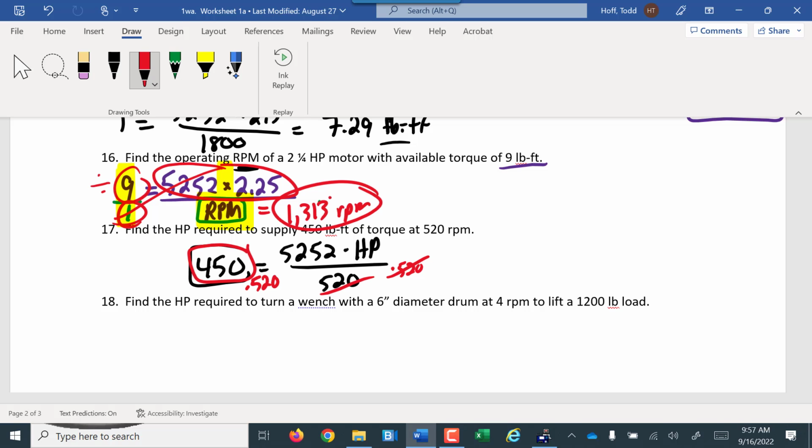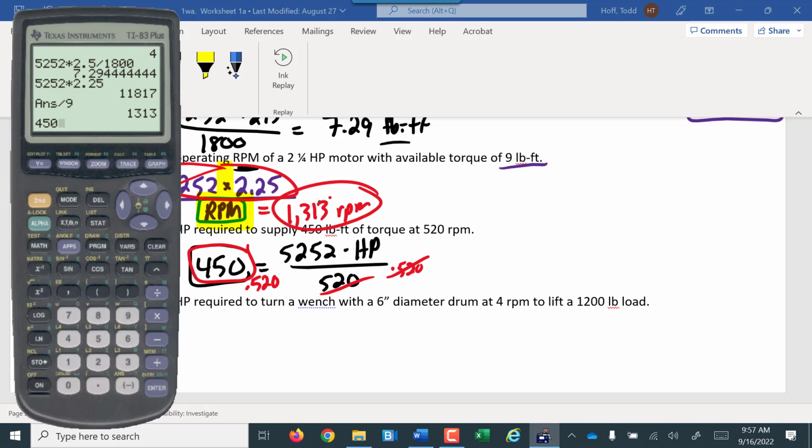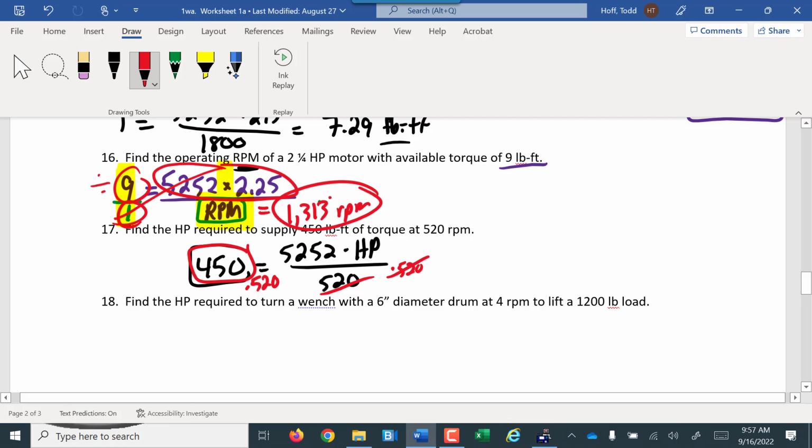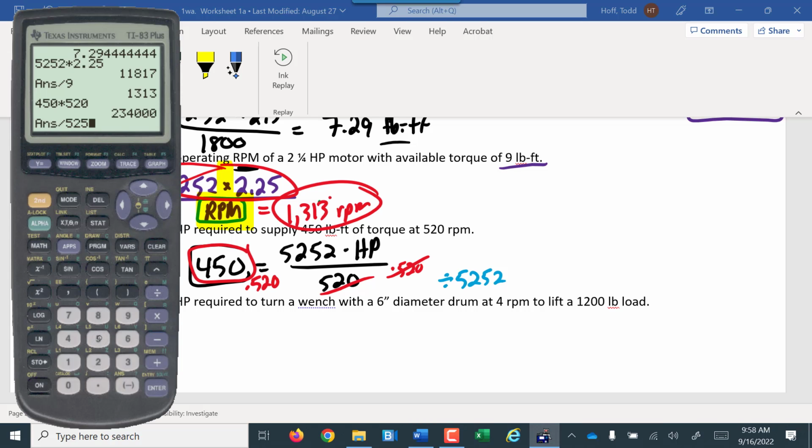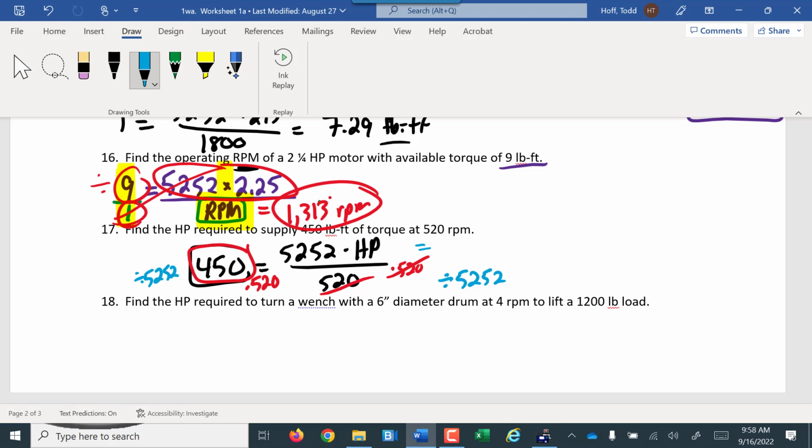That'll cancel that out. So 450 times 520. Then to get rid of the 5,252, we will divide. You got it. So divided by 5,252 gives 44.55 horsepower. Probably round that to 44.6 horsepower.